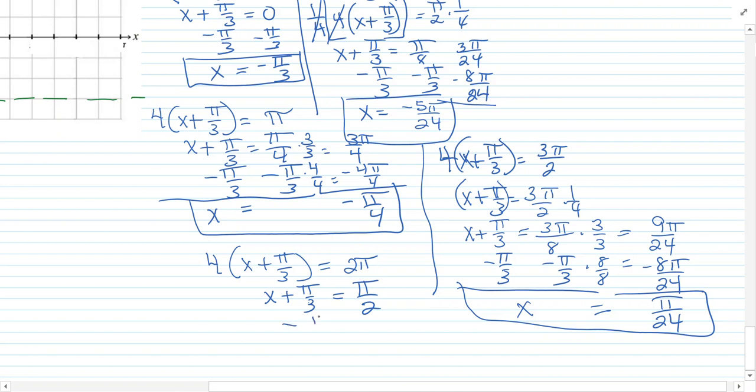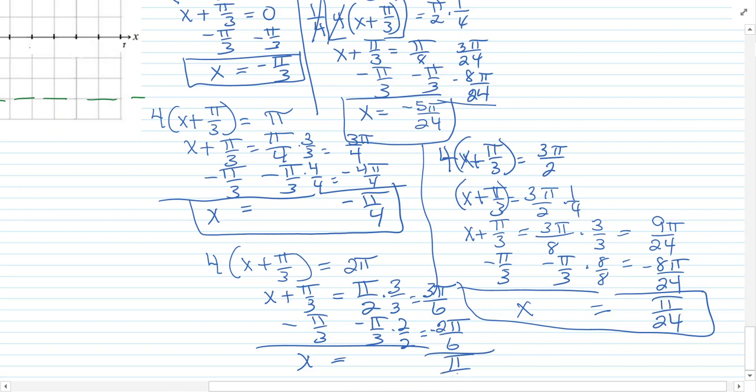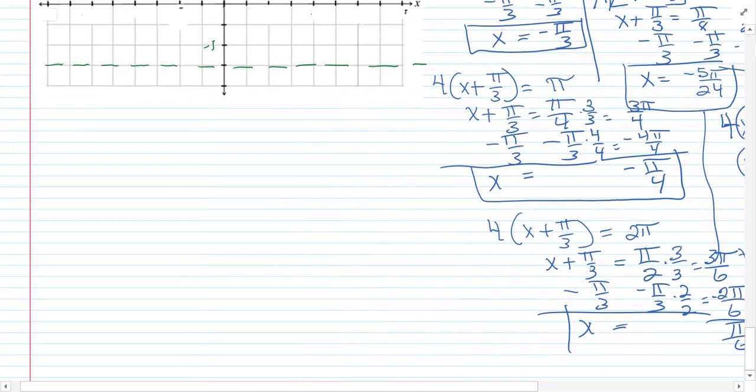I'm going to subtract pi thirds. I'm going to have a common denominator of 6, and I'll get pi sixths. So I have all of my needed values.